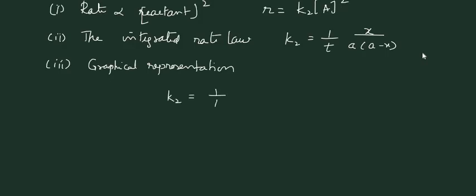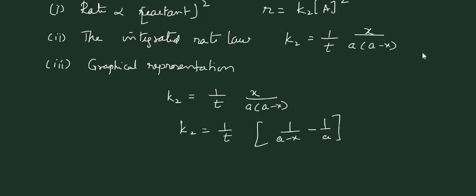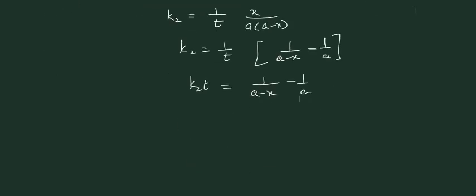K2 is equal to 1 by T x divided by A into A minus X. K2 is equal to 1 by T into 1 by A minus X minus 1 by A. K2T is equal to 1 by A minus X minus 1 by A, or 1 by A minus X is equal to K2T plus 1 by A. So this is of the form y is equal to mx plus c.